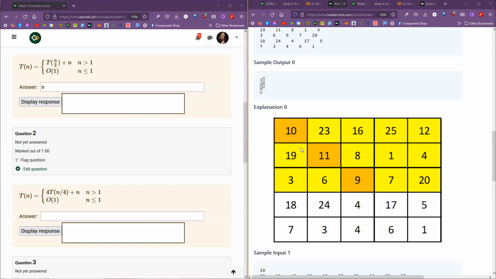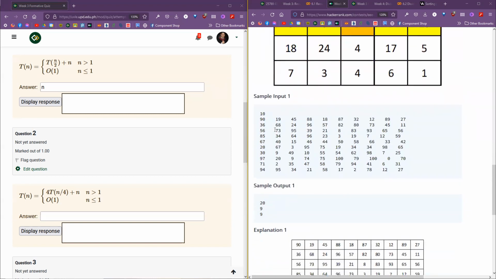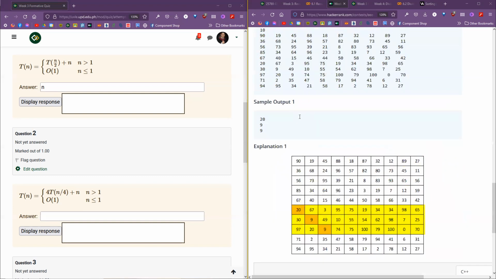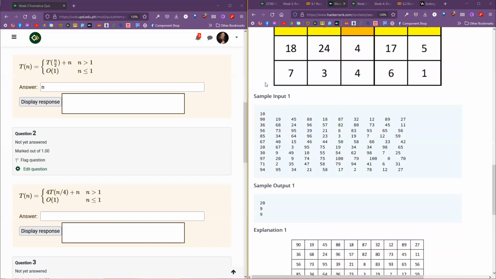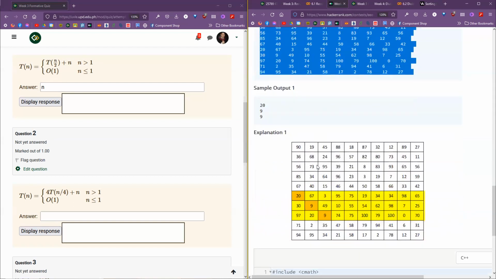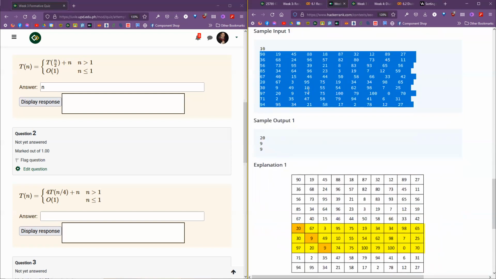Then, may other sample input dito. Mas malaki. So, 10 digits per row. Ayun pala, yung input natin, ang first one is yung number of rows and columns. And then, yung rows and columns na after. So, makuha mo dito yung merong maximum difference between odd numbered and even numbered rows ay itong tatlong to.